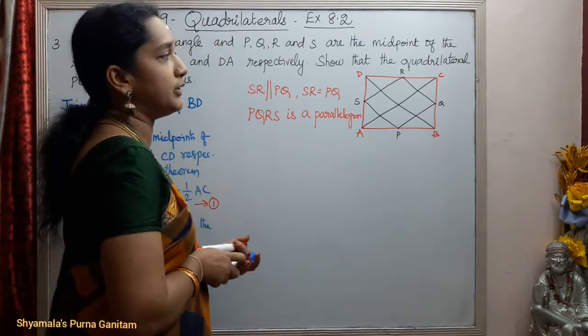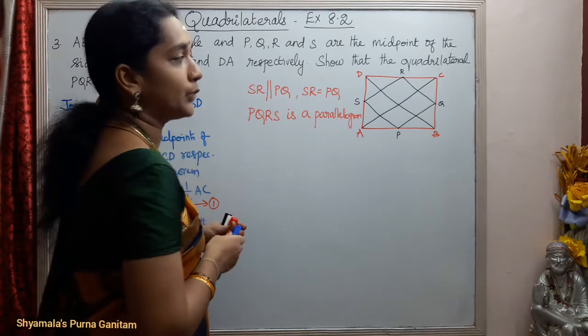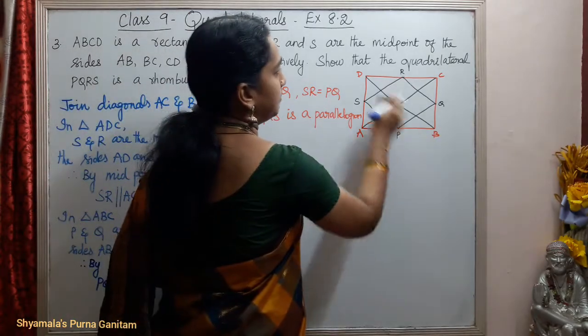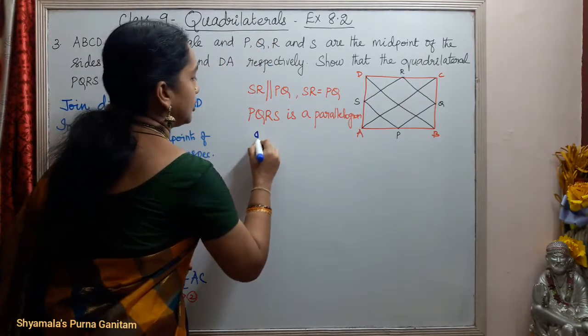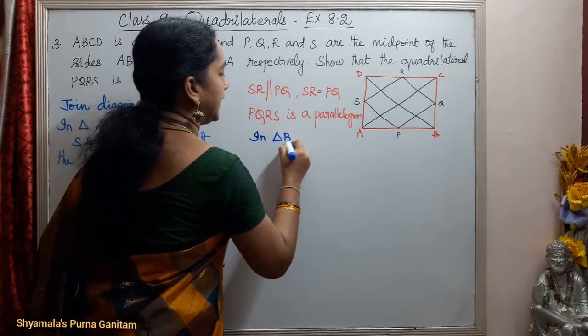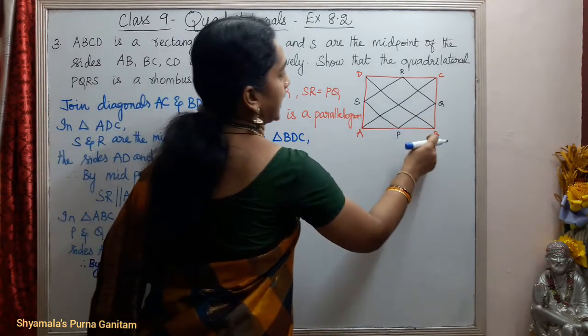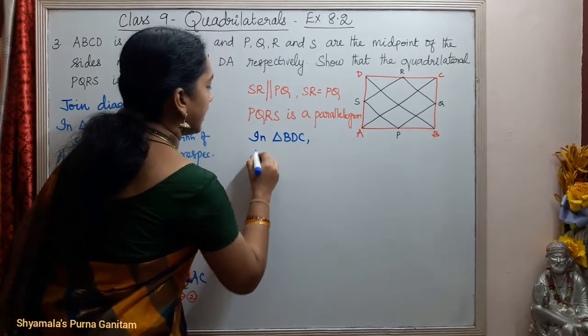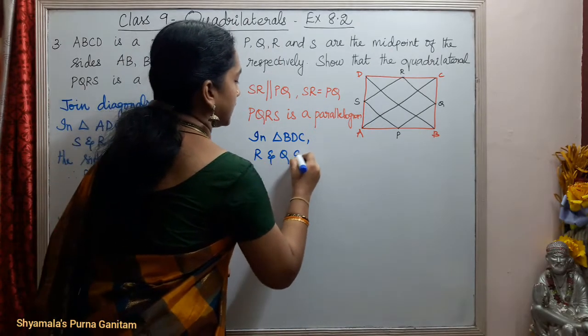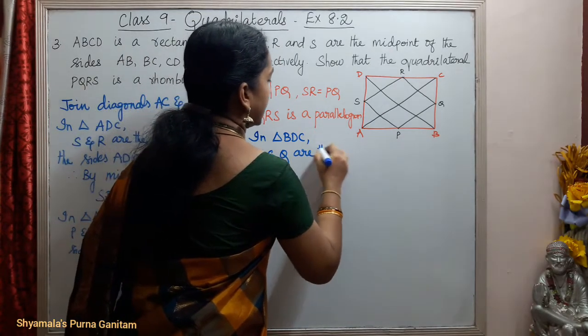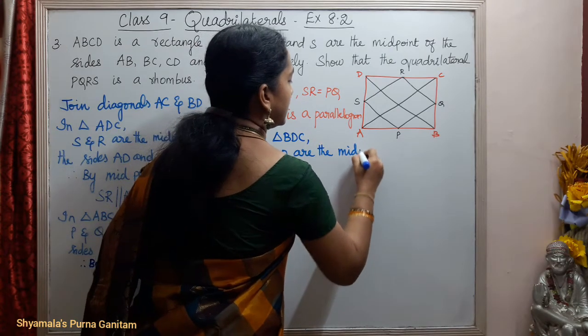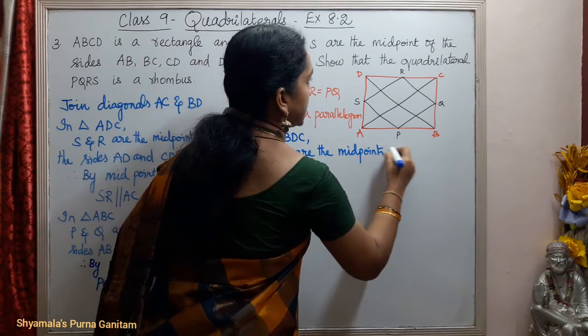That proof we will give now. For proving that, we will take triangle BDC. In triangle BDC, R and Q are the midpoints of the sides.